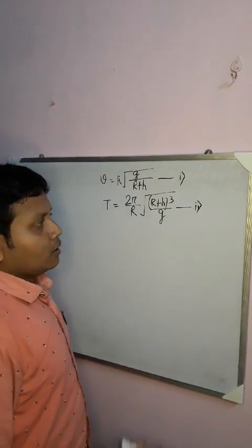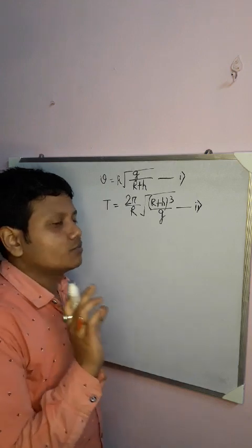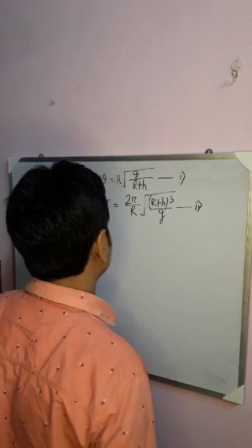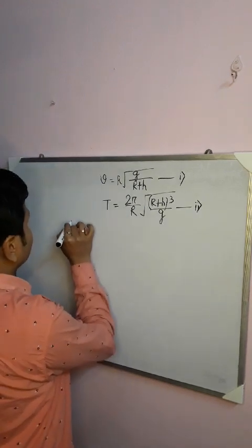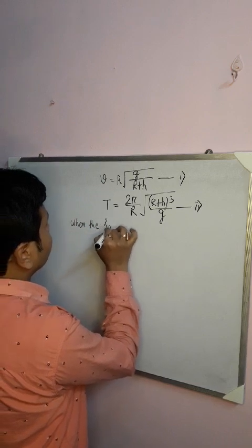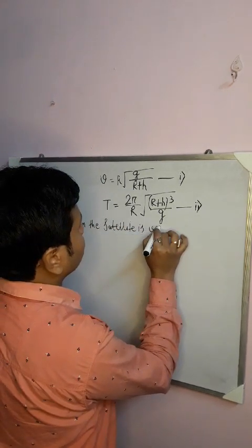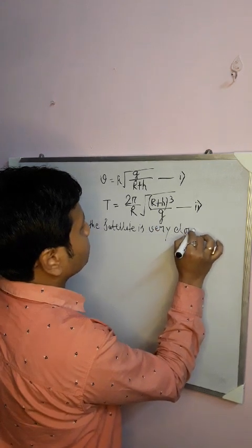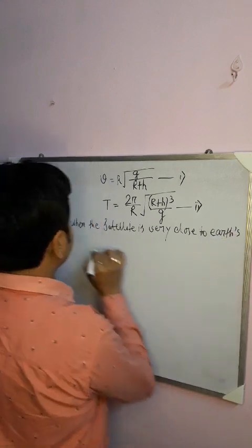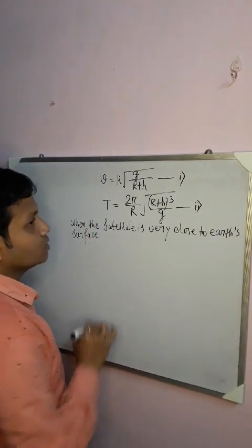Now first of all, here we shall discuss a special case: if the satellite is very close to Earth's surface, then what happens? What approximation are we going to use?